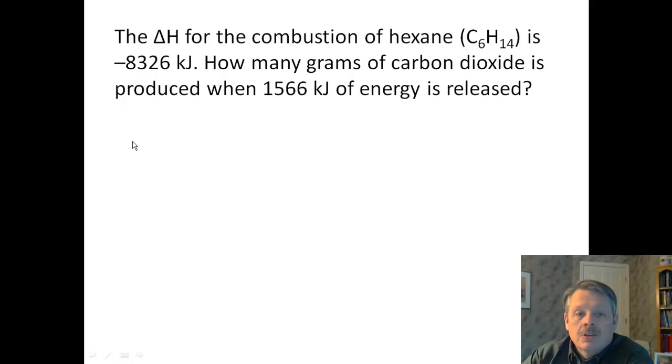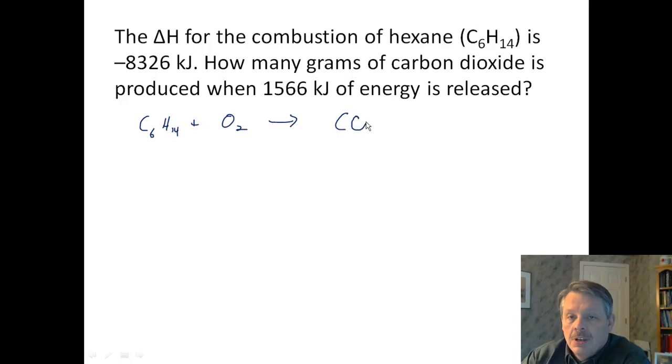All right, let's go ahead and do our balanced chemical reaction. We have hexane, which is C6H14, plus oxygen, is going to give us carbon dioxide and water. If I have 6 carbons over here, I put a 6 there. I have 14 hydrogens, that means I put a 7 over here, and I have to have O2s.